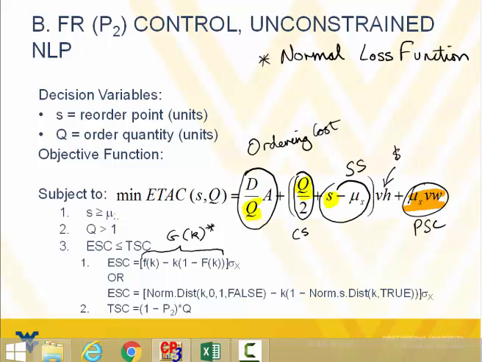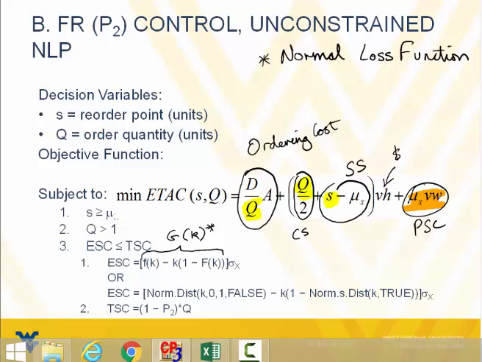And now you can see why it's a nonlinear function. Because k is our P2 control, and k is going to be the input into our expected shots per cycle, where we're going to force expected shots per cycle to be less than our target. So in our simple example, we're not going to have more than 10 units short each cycle.